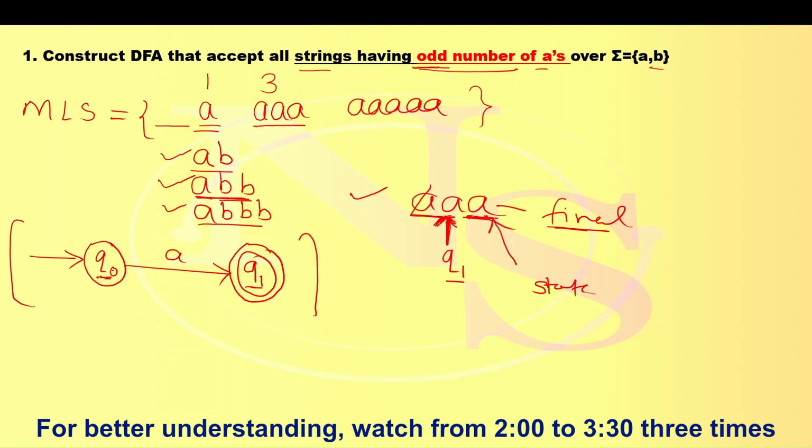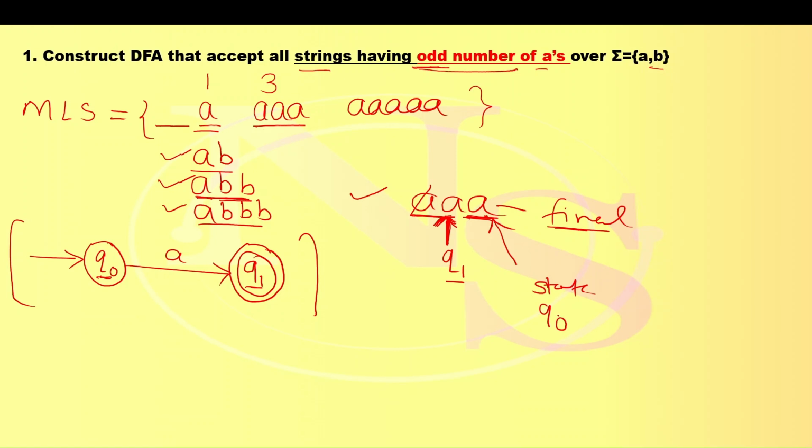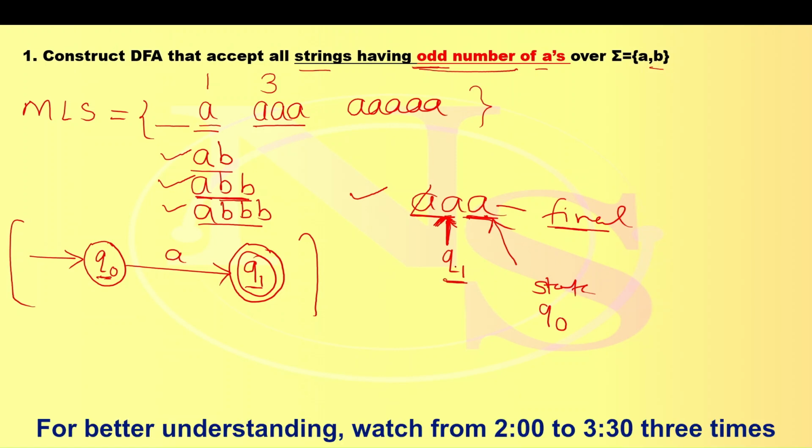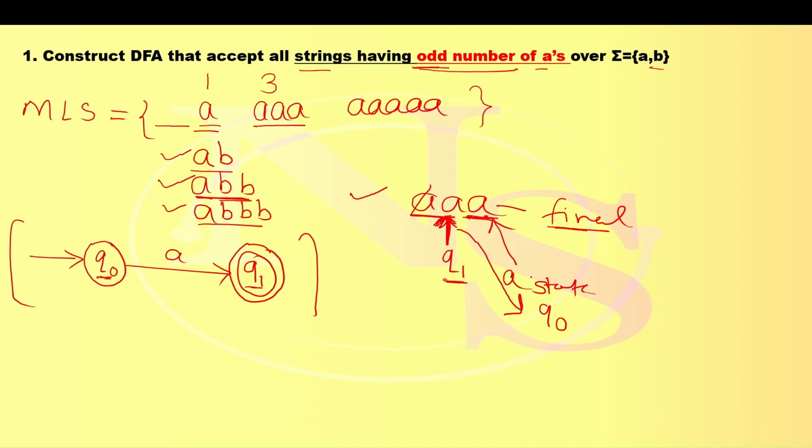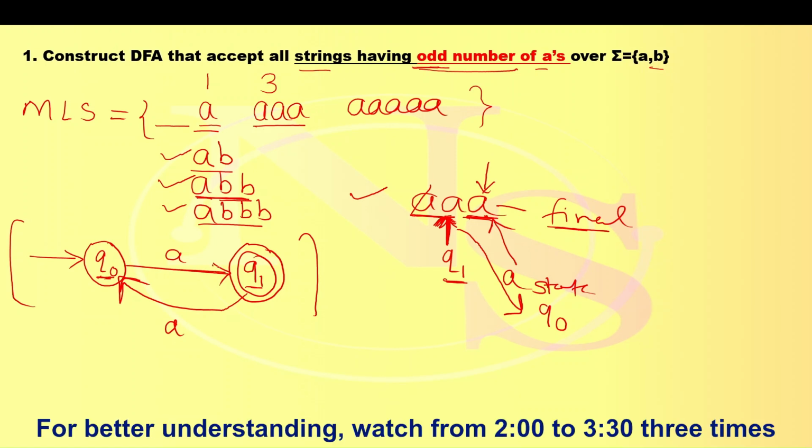It's Q0. Then that other state is nothing but Q0. It means the transition from Q1 for symbol A will go to Q0, and the last A, the third A, will be read by Q0 and automata will go to the final state Q1.